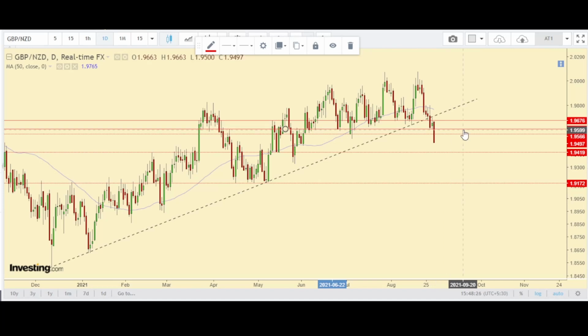We will go with two entries for the same trade. One entry will be around 1.9550, second entry will be around 1.9600, and our stop loss in this case will be around this area, the topmost line, that will be around 1.9680. So this is our stop loss area.